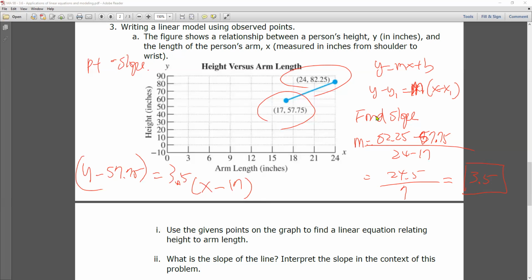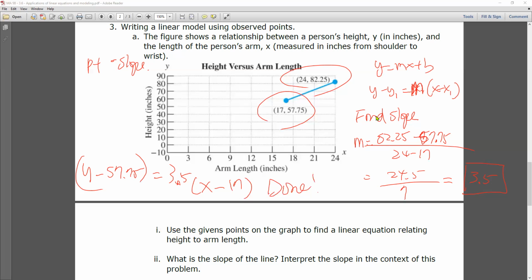And from here, we are done. We're done finding the linear equation. Notice, the question did not say to use the slope-intercept form or point slope form, so you can pick whatever form you want.